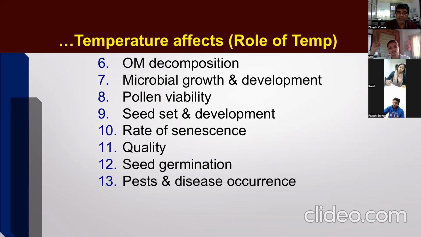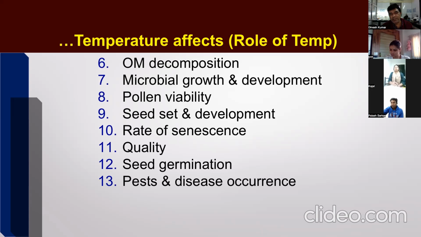But most seeds need ideal temperature, right moisture content in soil, and air or oxygen. In the absence of oxygen, most seeds cannot germinate. So for seed germination, you need some minimum temperature, some maximum temperature, and it is better to have optimum temperature.